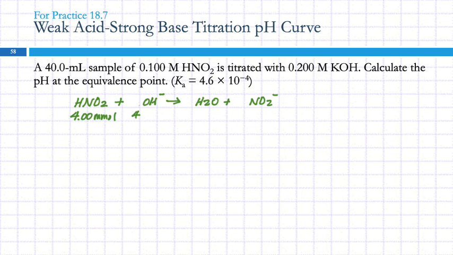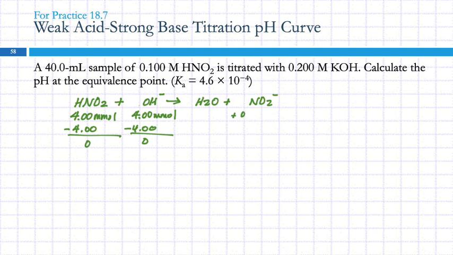I would have to have the same number of moles of hydroxide, because that is what the equivalence point is, where we've added a stoichiometric amount of hydroxide to neutralize all the acid. So here they're matched up, so this is going to end up being 0. This is going to end up being 0.